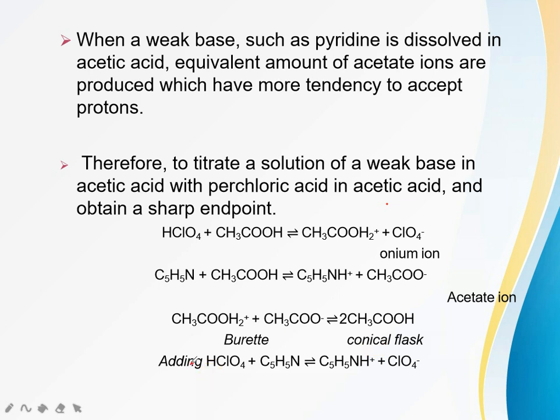During the addition of perchloric acid, it will react with the pyridine to give C5H5NH plus ClO4 minus. From this reaction, we can identify that acetic acid can act as a base as well as an acid at the same time, and hence it is an amphiprotic solvent.